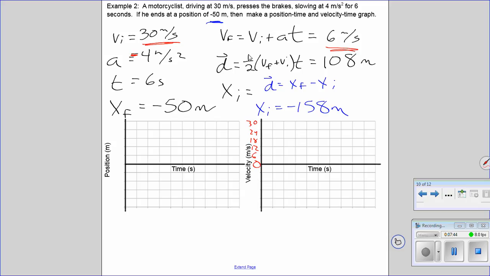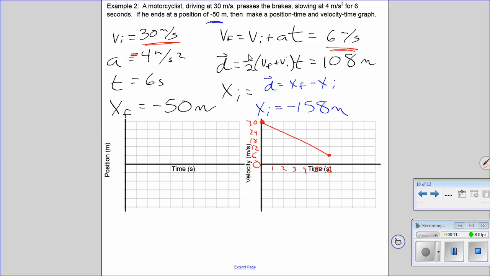All right, and then we need 6 seconds, and I've got 10 boxes, so I might as well just number by 1, right? So we'll just go 1, 2, 3, 4, 5, 6, and then we don't care about anything after that. So let's see, our velocity started at 30, and after 6 seconds, the velocity was 6. There's your graph. Good.